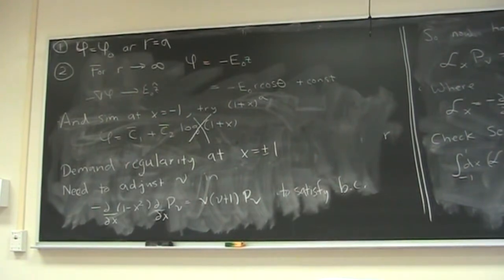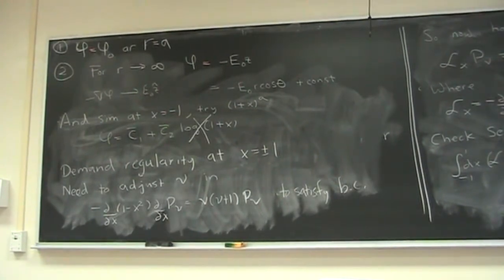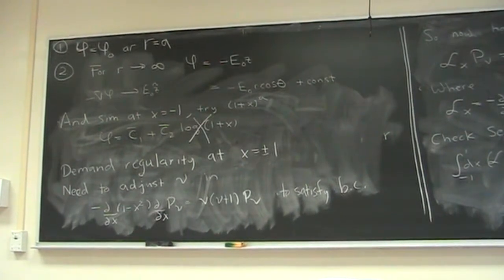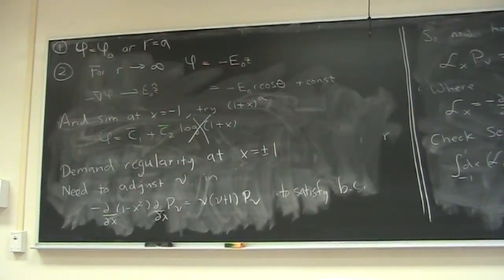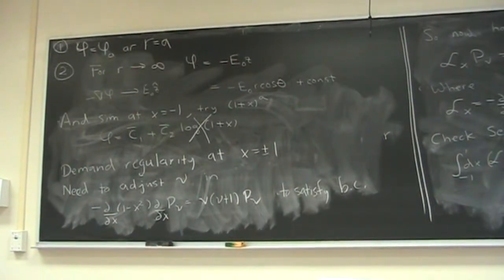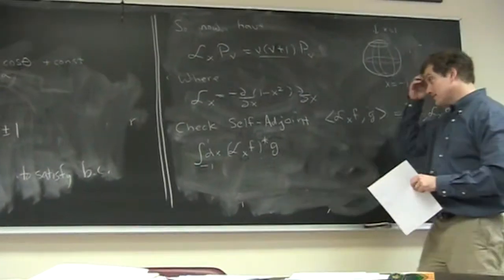Good. So let's check that it is actually self-adjoint. So if I plug this in here, what I want to do is integrate by parts twice and move it onto there.